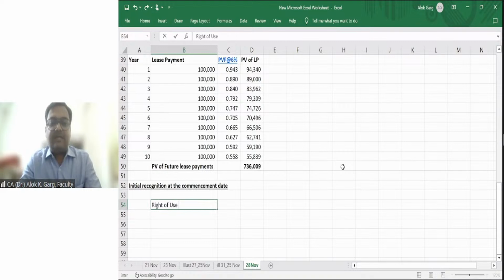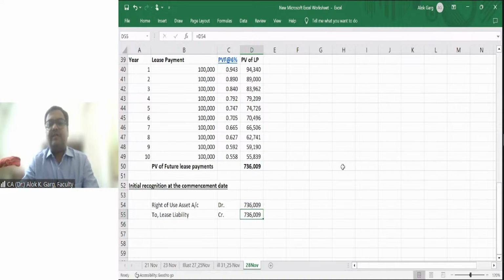Right of use asset account debit to lease liability credit. Sorry, 736009. Right. I have done the commencement date accounting, and this is what I have done.